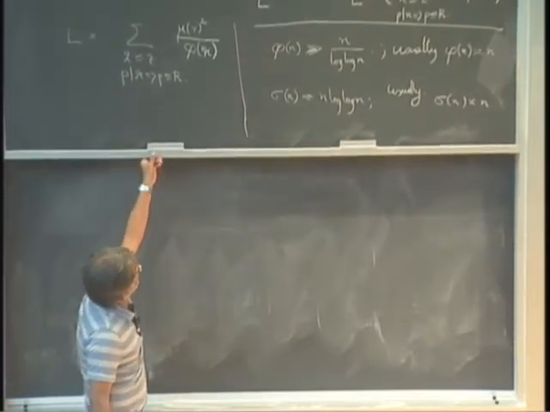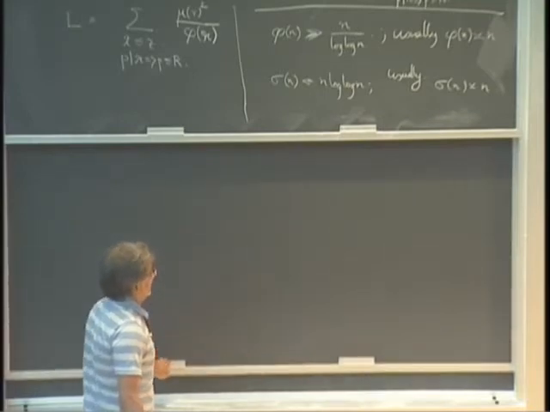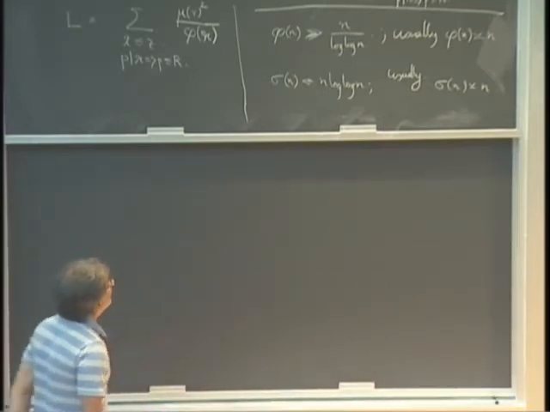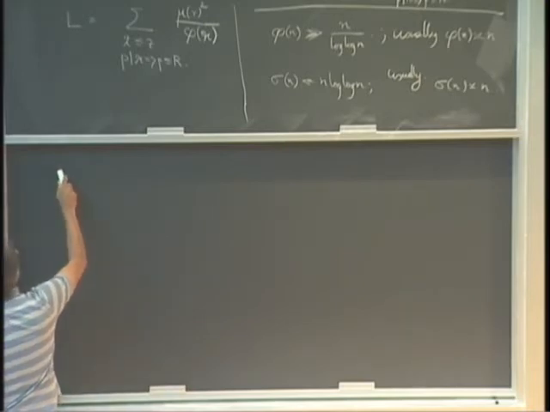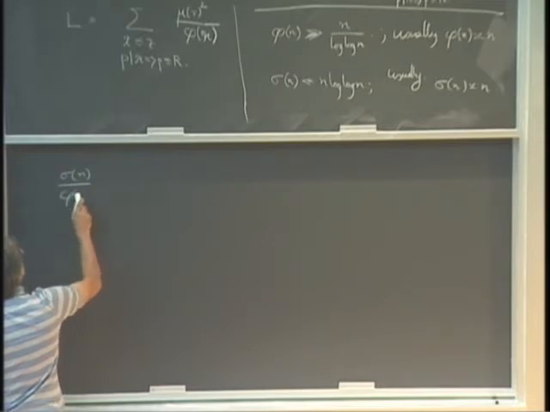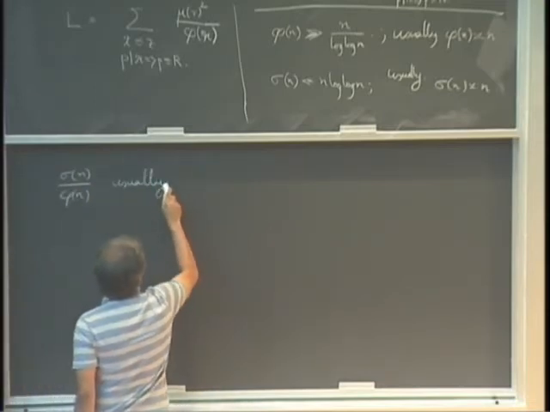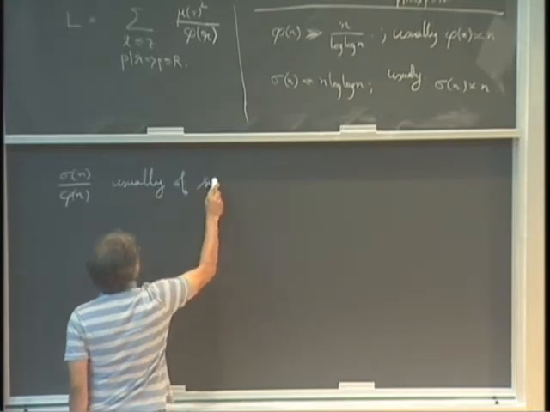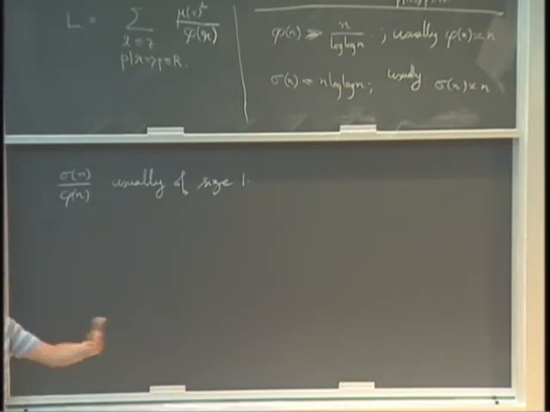So if you believe these two facts, then what you should think of is that this sigma of n over phi of n is usually of size 1. Although its maximal size could be like log n squared, but that happens extremely rarely. Okay?